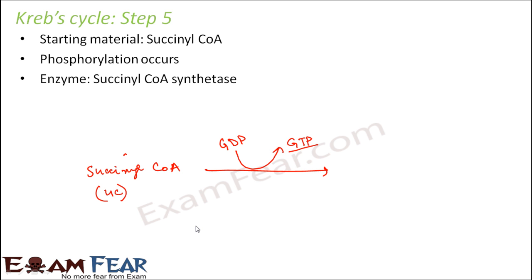So that is the only difference. So this is guanosine triphosphate, and this is guanosine diphosphate. So the one extra phosphate from here is taken up by GDP and it gets converted to GTP, and the product which is formed is succinic acid, and this succinic acid is also a 4-carbon compound. So here if you see, substrate level phosphorylation takes place.